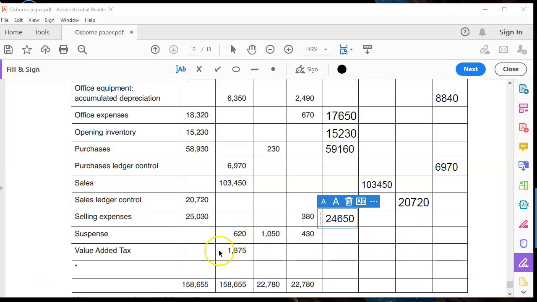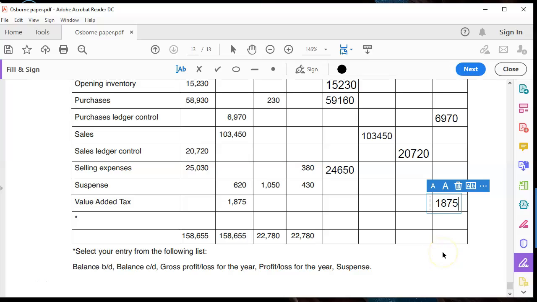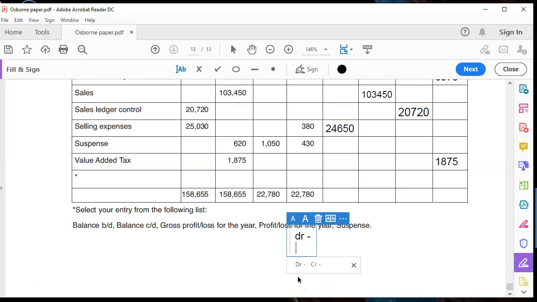After that, value added tax, which is your VAT, is on the credit side. That means you owe money to HMRC, so put it on the credit side, 1875.